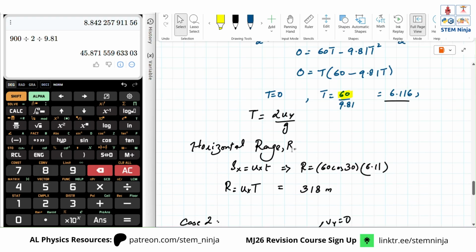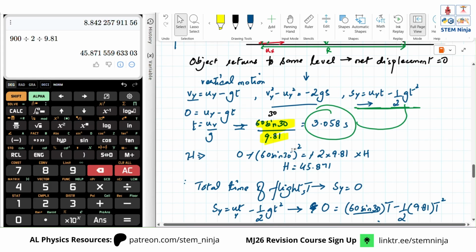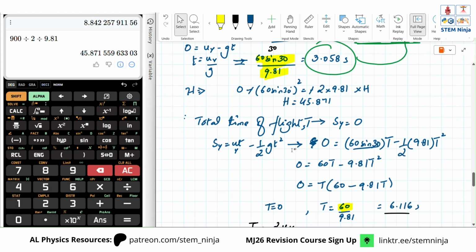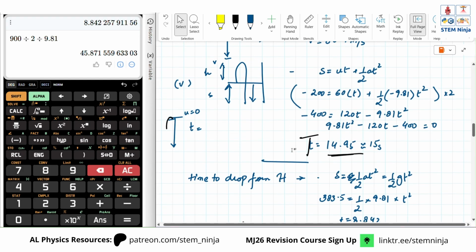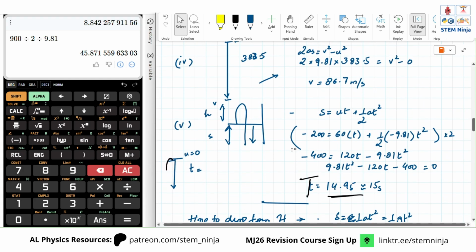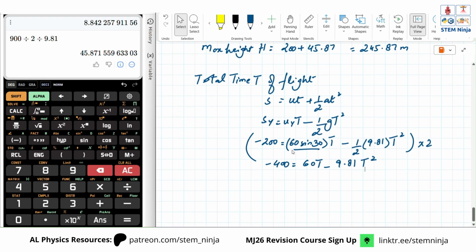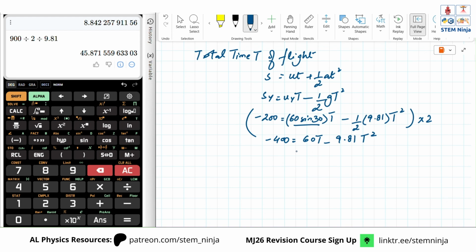Didn't we get the same thing over here? Oh no, on this one. Oh no, okay, all right, never mind. Okay, so this is a quadratic equation. This becomes 9.81 t squared minus 60t minus 400 equals 0.